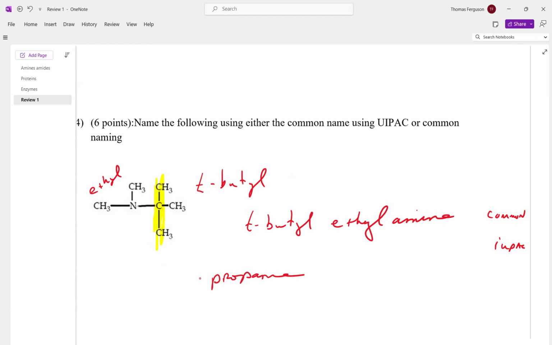We're going to have 1 methyl branch and the amino branch.